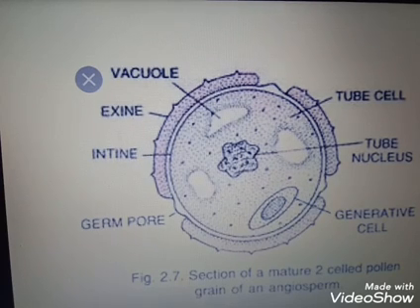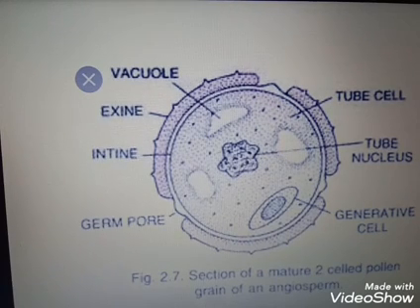Once again I tell you, the pollen grain has two cells, the vegetative cell and the generative cell. In over 60% of angiosperms, the pollen grains are shed at the two-celled stage. In others, the generative cell divides mitotically and gives rise to a three-celled stage. Clear?